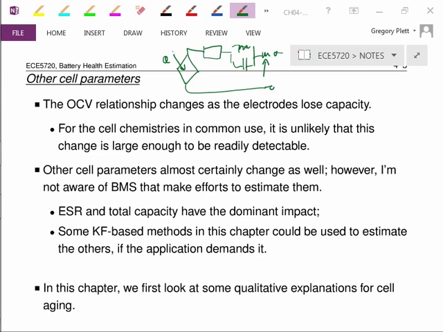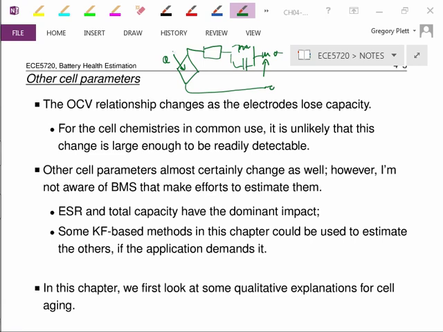And the OCV relationship, in fact, does change as the electrodes lose capacity. For the cell chemistries that are commonly used, I think it's quite unlikely that this change would be readily detectable or measurable, although we are looking at some of that with our research right now, and it may be possible to at least get some indication of changes in OCV as the battery pack operates.